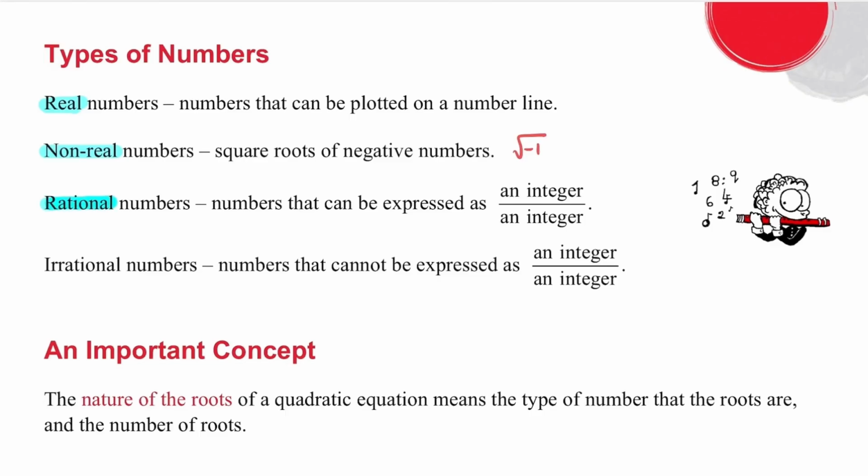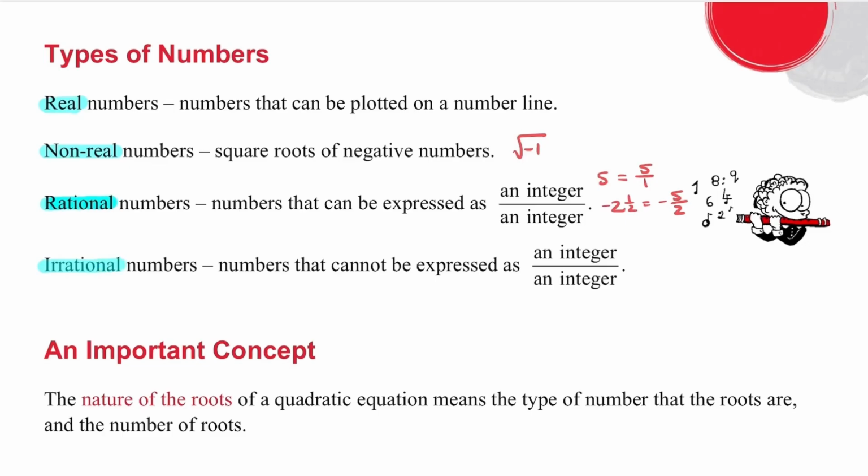Rational numbers are numbers that can be expressed as an integer over an integer. In other words, 5 is rational because I can write it as 5 over 1. -2.5 is rational because I can write it as -5 over 2. So any number that can be expressed as an integer over an integer, on condition that the denominator is not 0, is a rational number.